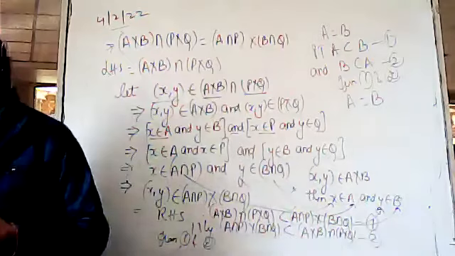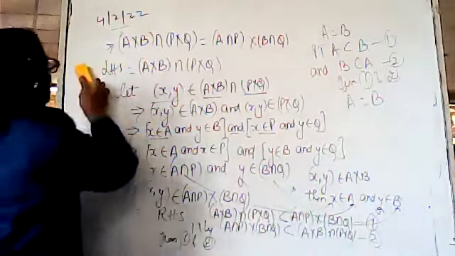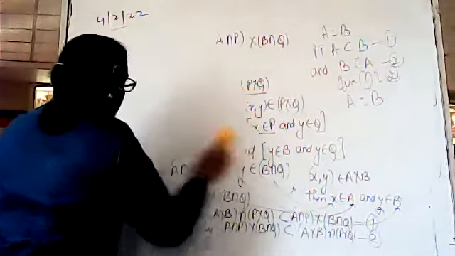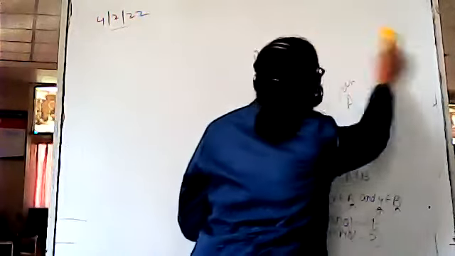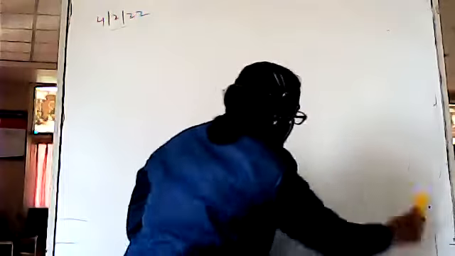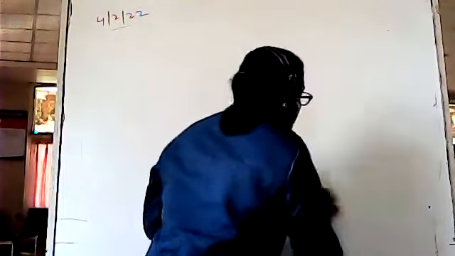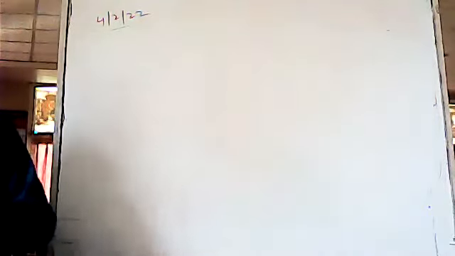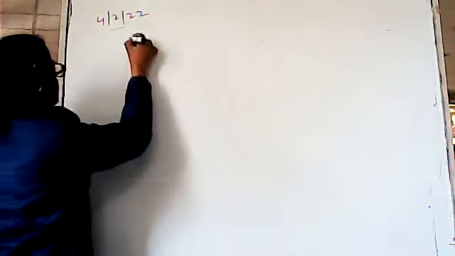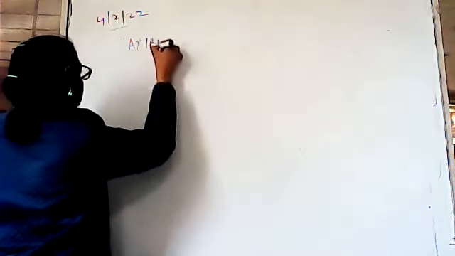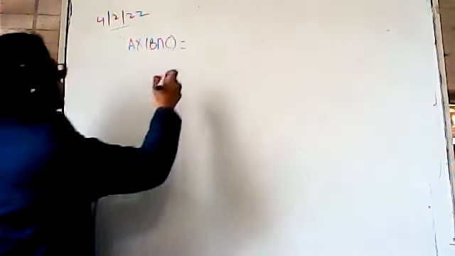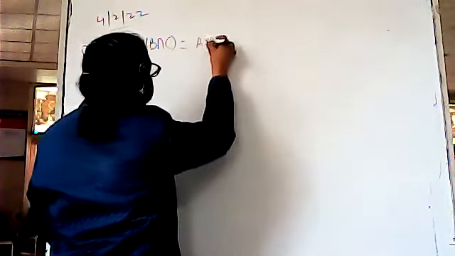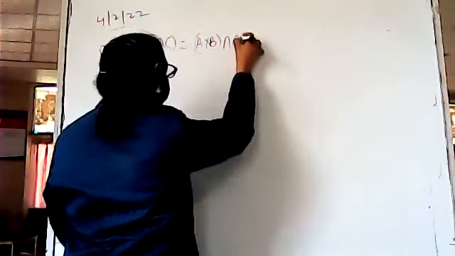Next is to prove that A cross (B intersection C) is equal to (A cross B) intersection (A cross C).